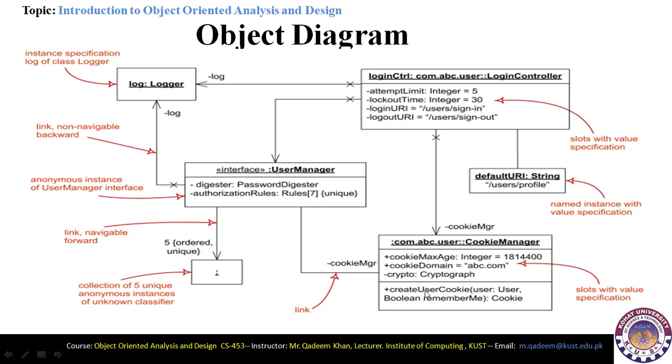Similarly, this function is a public function, create user cookies with the parameters of user comma boolean remember me, and it is in fact taken from the cookie class. Now this is a bidirectional communication, while this is a one-directional communication.